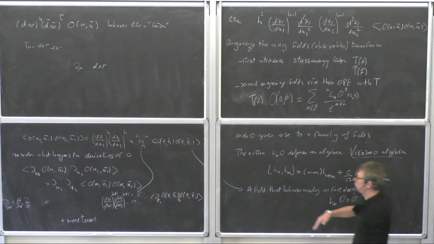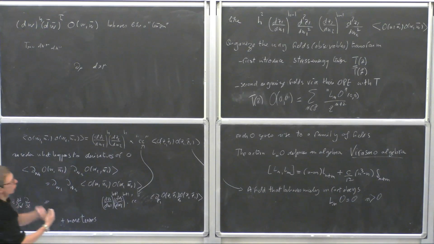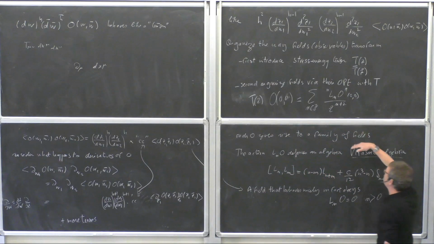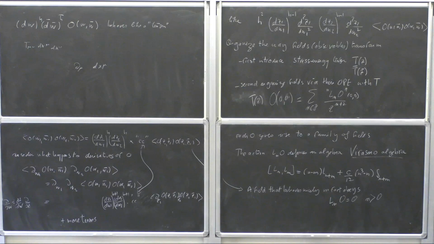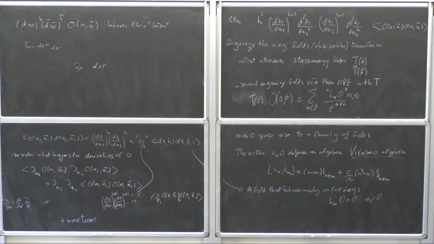So what you do when you have a field that behaves nicely, instead of looking at all the derivatives, really what you want to do is look at the action of the stress tensor on these fields. This defines for you a family of fields. It's really like an algebra acting on your space of fields, and this algebra is determined by this commutation relation.